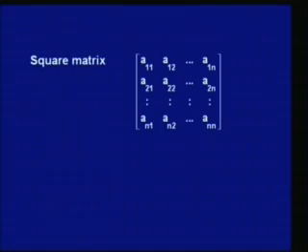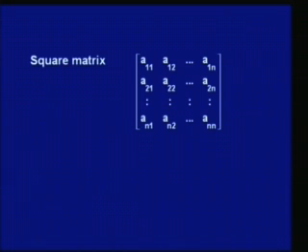In the square matrix, the number of rows and the number of columns are equal. So, we have n rows and n columns. In all, we have n square elements in a square matrix of order n.